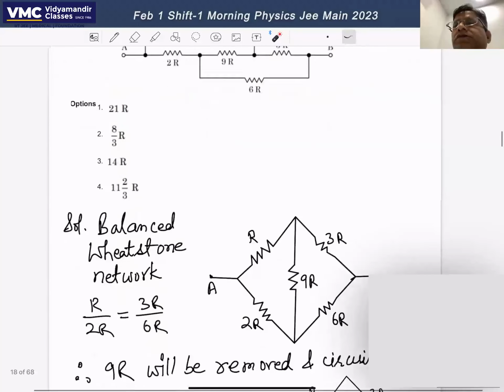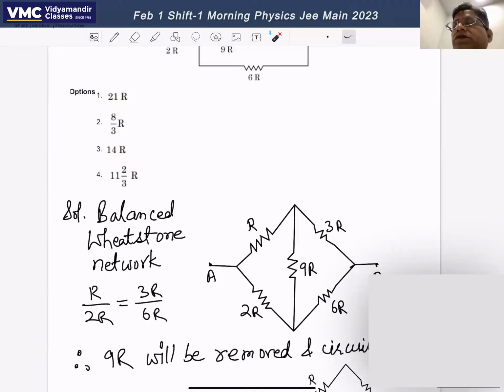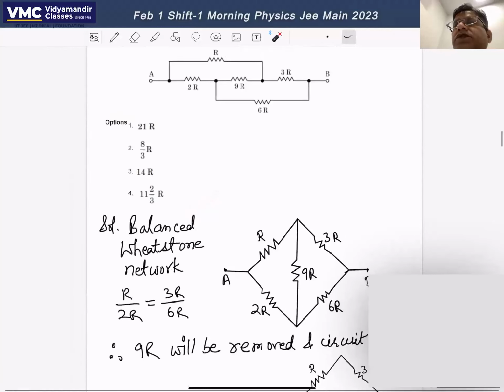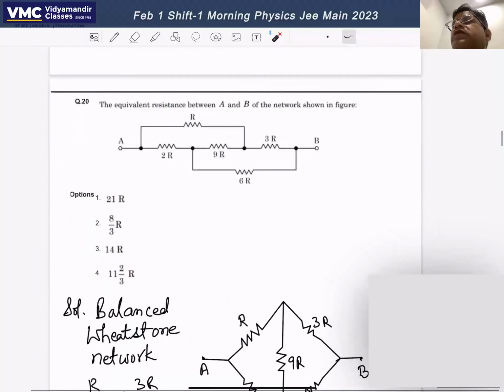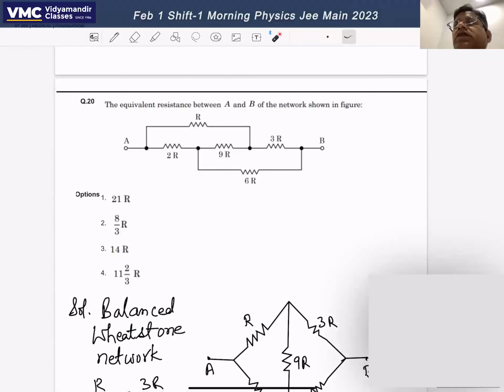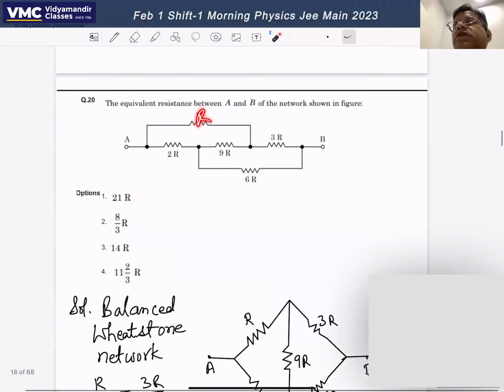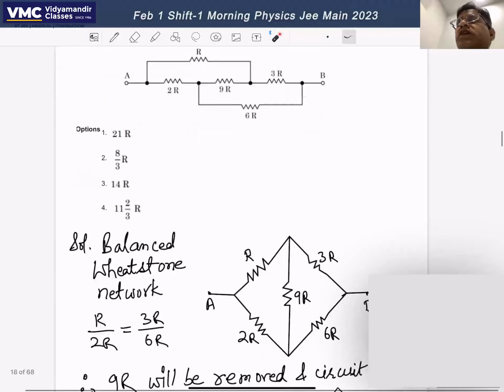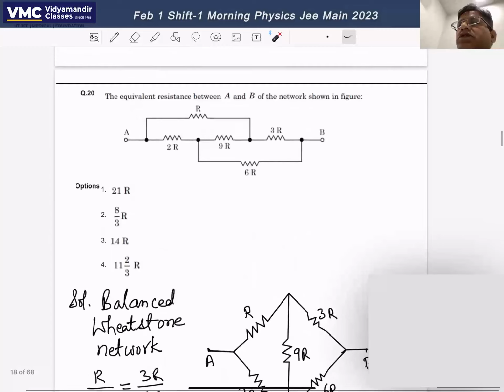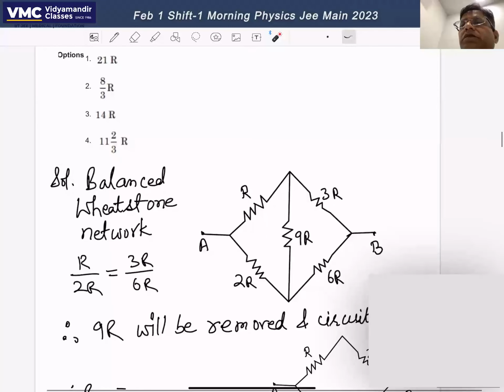A Wheatstone network is given with resistances R, 2R, then the middle one 9R, then 3R and 6R, and we have to find the resistance across AB. For this, we will redraw this circuit. We see that the ratios R to 2R and 3R to 6R are equal. That means it is a balanced Wheatstone bridge.